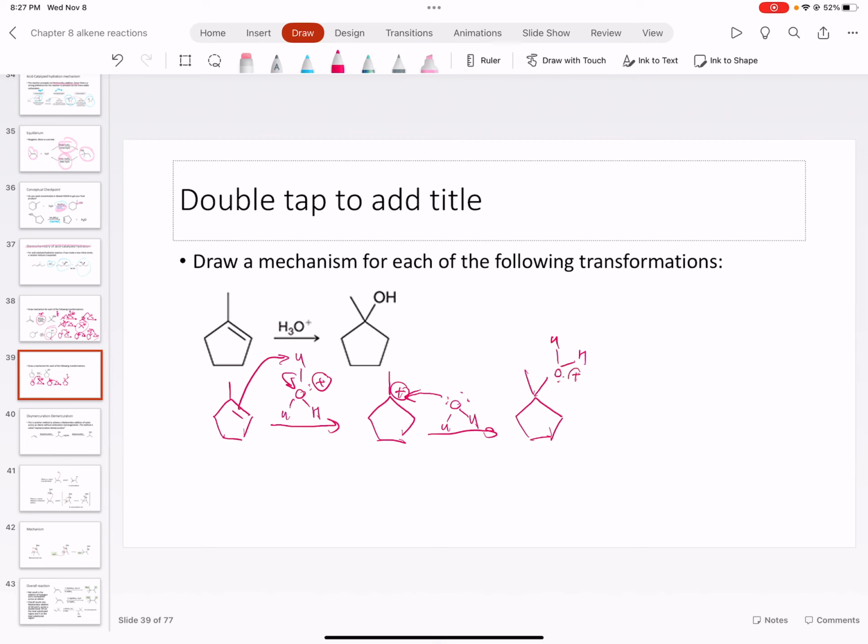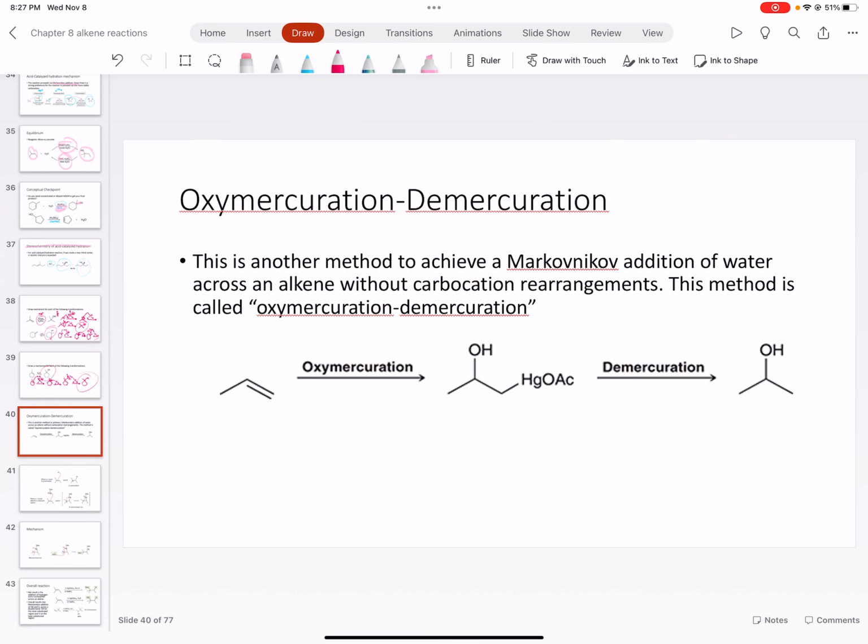And then my oxygen will have an extra hydrogen, so I can just remove it. And that one will give rise to the product. See? So after a while, it just comes naturally.